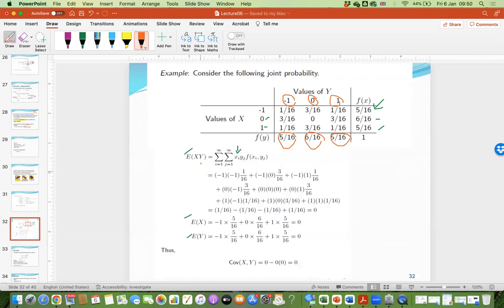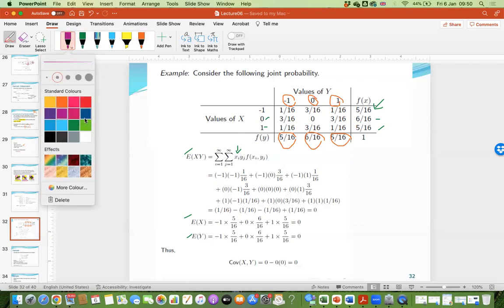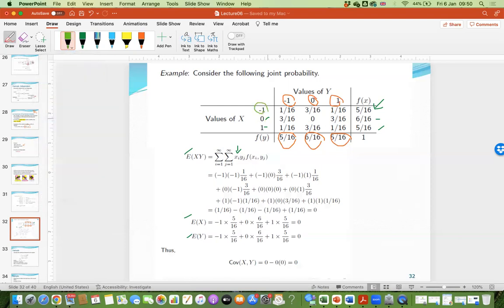So for your mean xy, you have to use another color, maybe light green. -1 times -1 times 1 over 16, and plus -1 times 0 times 3 over 16, -1, 1 times 1 over 16.